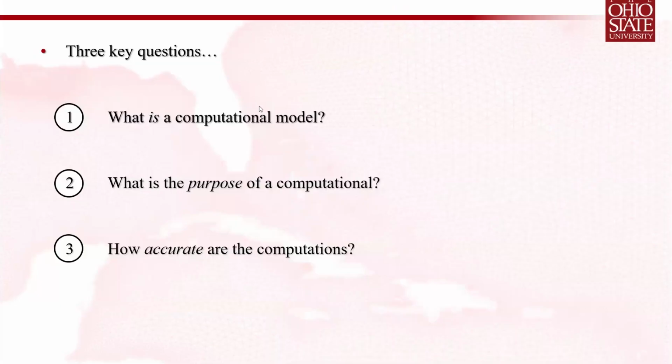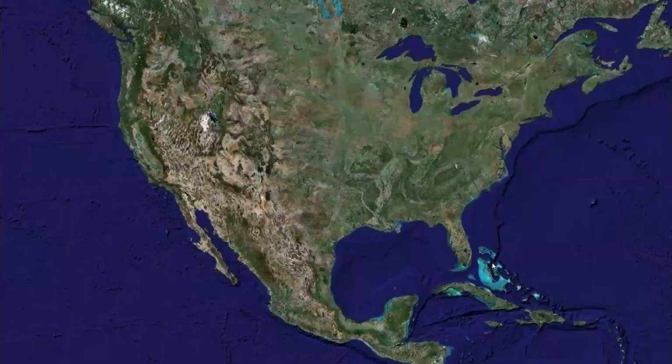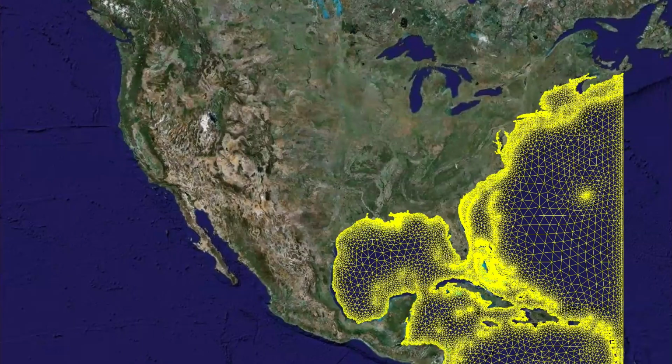All right, so we've talked about what the purpose of the computation is. Now we're moving into how accurate the computations themselves are. First up, I just want to highlight a couple of situations in the Western North Atlantic, where to begin, we're just going to try to predict the tidal flows in that area.